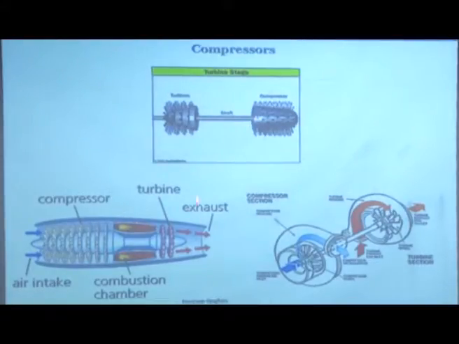Here the hot exhaust gas comes to the turbine, goes out, and some power is produced on the same shaft. In a jet engine there is one stream, whereas in a turbocharger there are two separate streams which do not mix with each other. So, this is the turbocharger. You see here the hot exhaust coming into the turbine casing and transferring its momentum and heat to the turbine blades. The turbine starts rotating and the exhaust gas goes out.